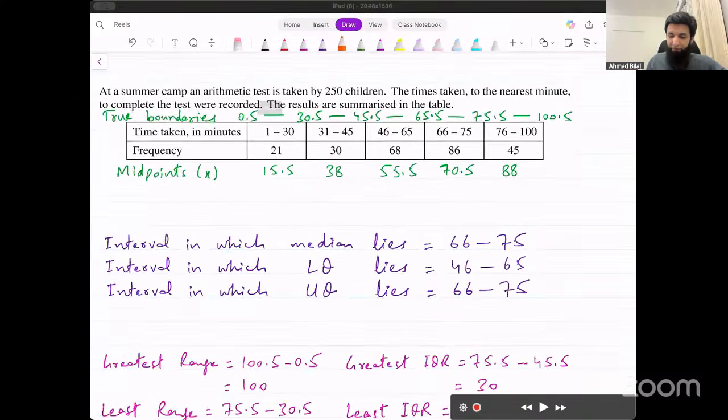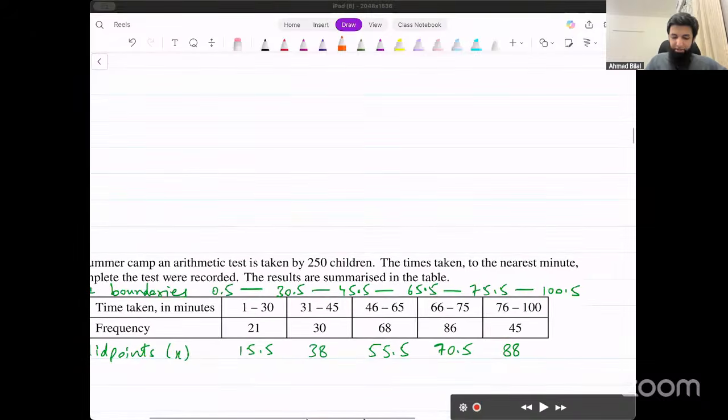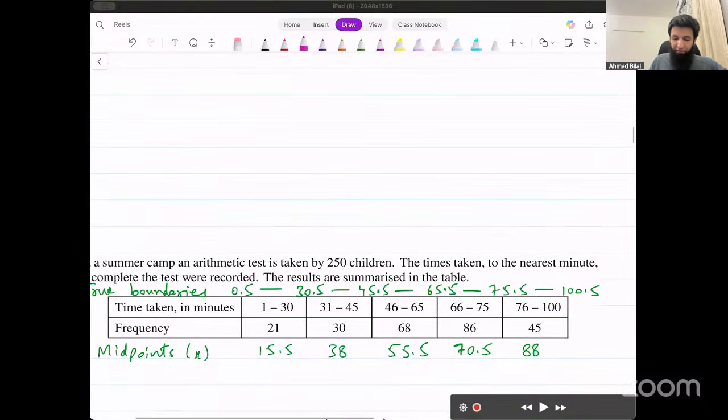So for example, in this table, if I adjust the values or don't adjust the values, since the adjustment is the same on both sides, adding 0.5 on the right side and subtracting 0.5 on the left side in each interval, the midpoint remains the same in all of them. So it doesn't matter whether you adjust the intervals or not.